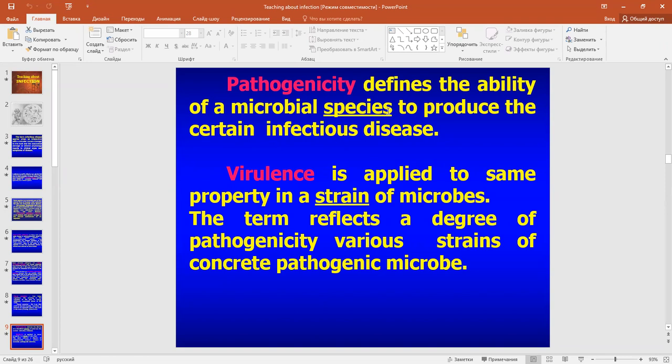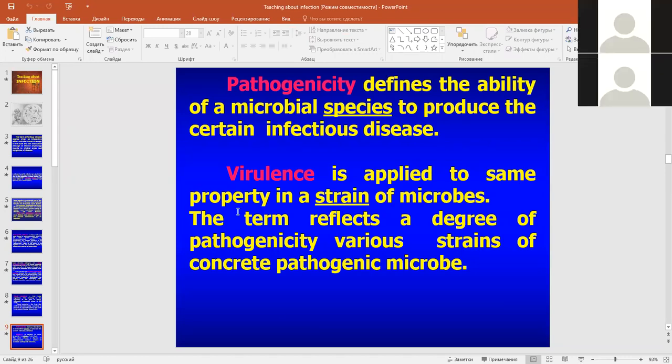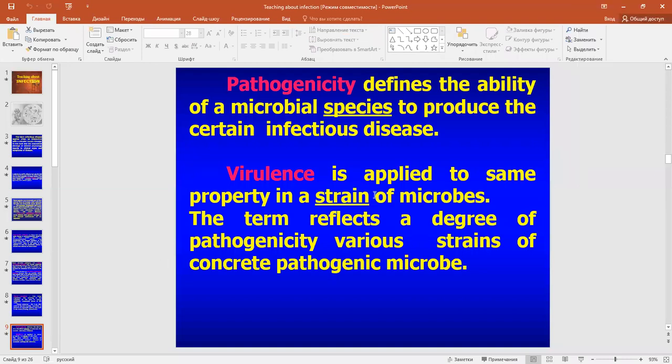So every species of microbes is able to cause specific diseases, and this is the ability of the species. Virulence is applied to the same property in a strain of microbes, because strains that belong to one species sometimes differ in this ability to cause infectious disease. The ability of a certain strain is named virulence.